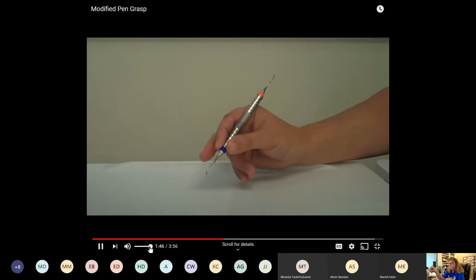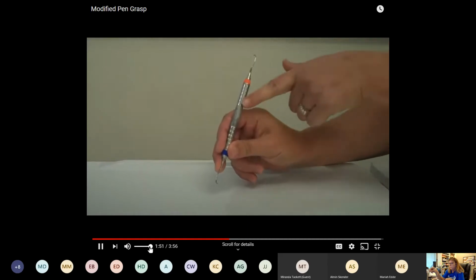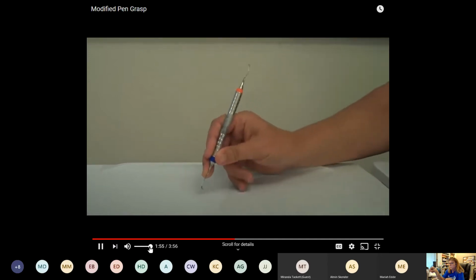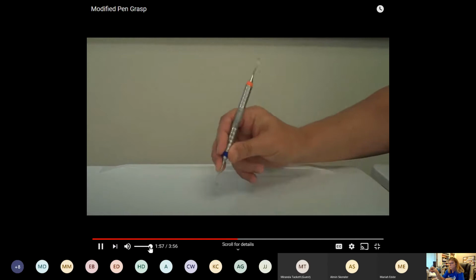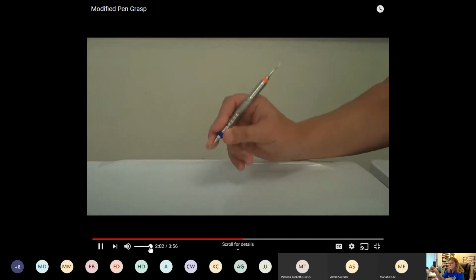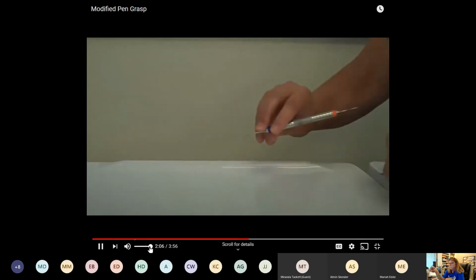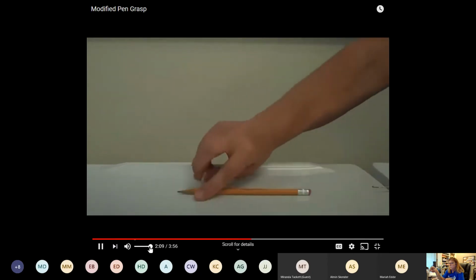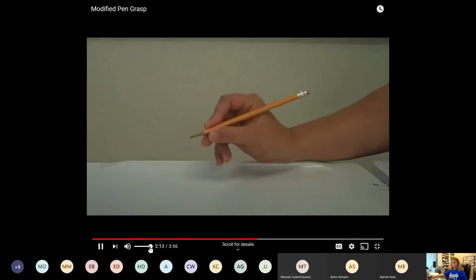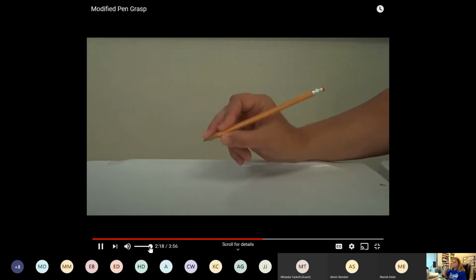Your middle finger is going to move up and you're going to rest it on the shank of that instrument, and you're going to find that the handle is resting on the knuckle, not back in the V, but up on this knuckle. Okay? To practice this, you don't need to have your instrument. You can be working with your pencils. You can pick it up, check that your index finger and your thumb are there, and just move that up.